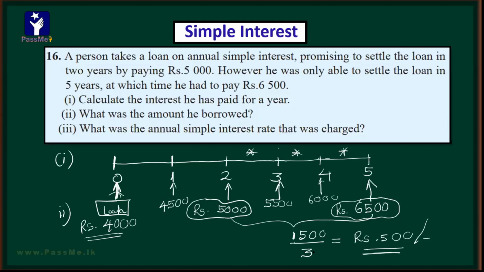Therefore, we need to divide this 1,500 by 3 in order to calculate the 1 year interest for this loan. That is what we got as 500.